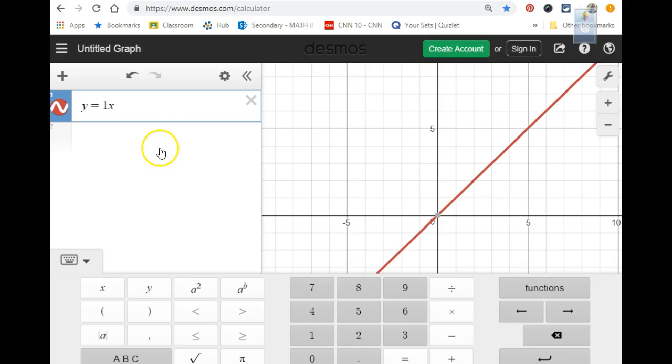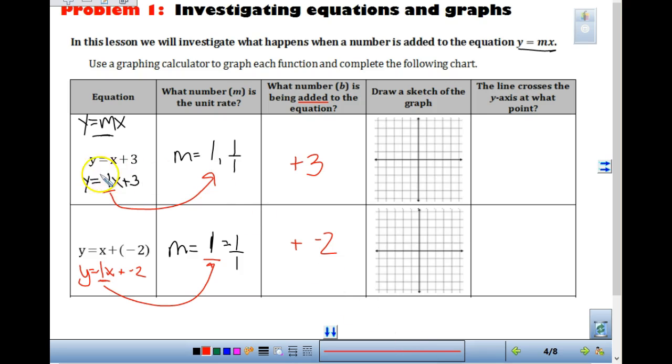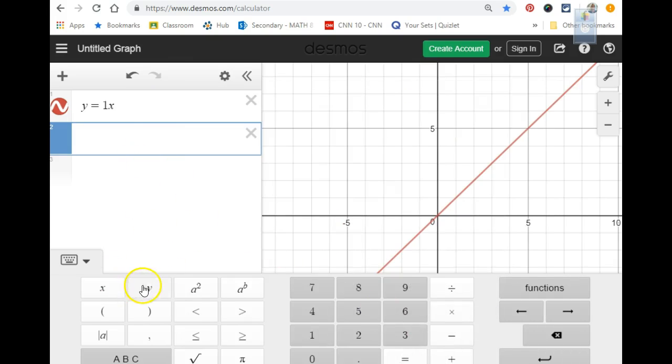Next equation in number 2 is where we are going to put the same one that was on our worksheet. Y equals 1x plus 3. Do you have to put the 1 in there? No, you could just put y equals x plus 3. I need you to draw this one right now on the graph.